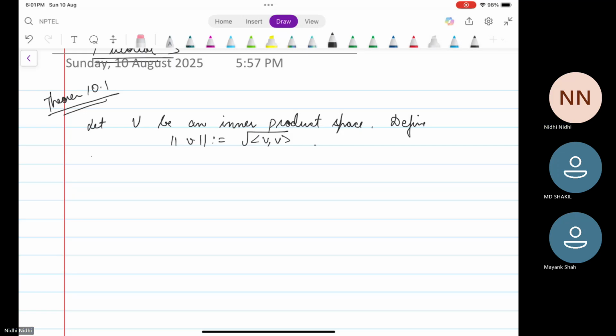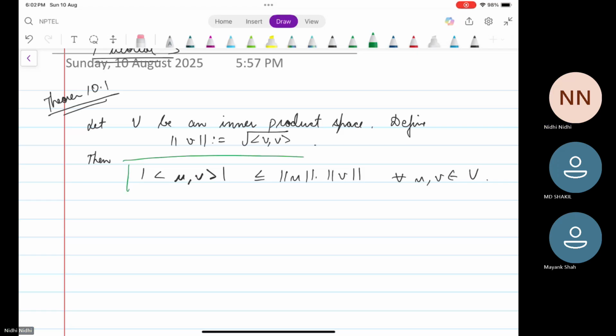Then we have the modulus of the inner product of u, v is less than or equal to norm u times norm v for every u, v in V. And this inequality is called the Cauchy-Schwarz inequality.